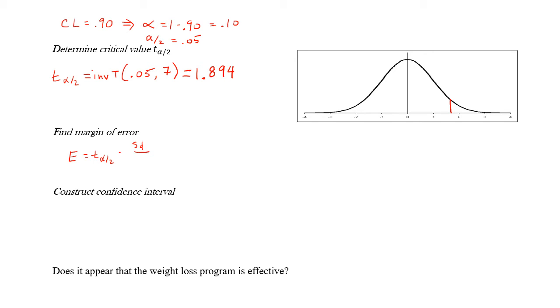Using the sample standard deviation over the square root of n. So t alpha over 2 is what we computed here. For s_d, I computed the one variable stats for that list of all the differences, the D that I put into L1, and there the standard deviation was 4.65.